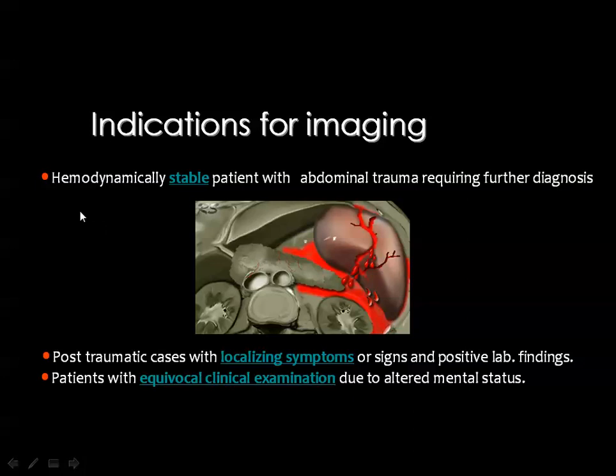Number one, the hemodynamically stable patient with abdominal trauma requiring further diagnosis, post-traumatic cases with localized symptoms or signs and positive laboratory findings, and patients with equivocal clinical examination due to altered mental status.